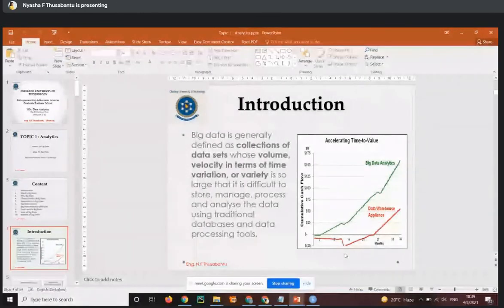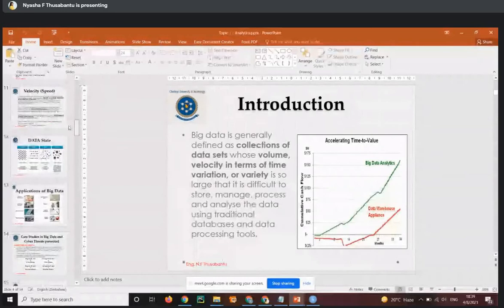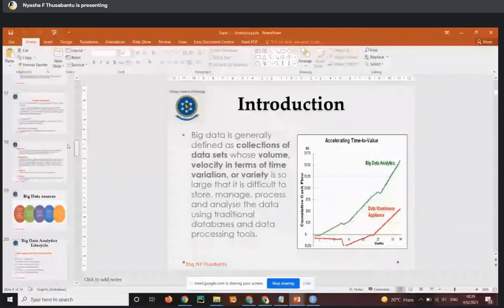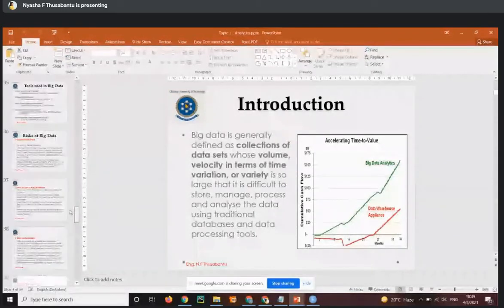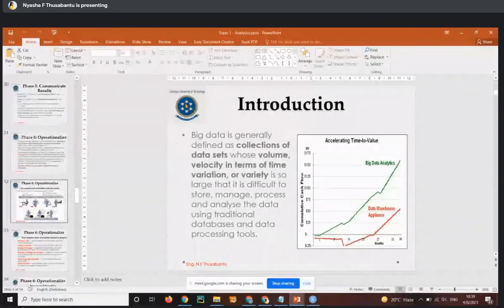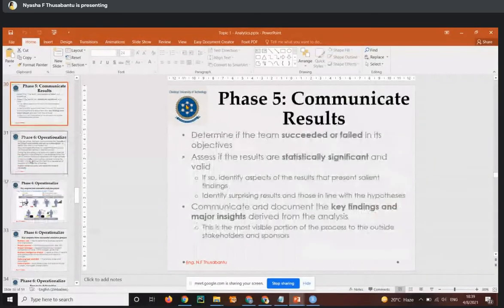But already with their layman, 5-year-old understanding, they've understood that if I use the Nyasha analytics system, this is the projected cash flow revenue, about 150 million, while with my own in 36 months I'm only realizing about 50 something million. Okay, now I'm interested. 5 seconds. So that is the whole purpose of why data visualization, so that we get to that stage and we understand how to communicate results.